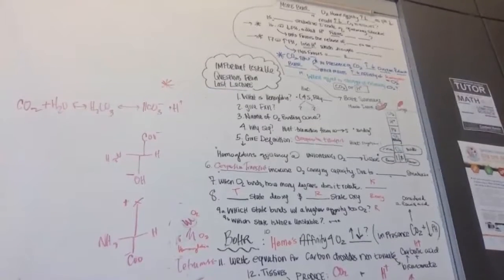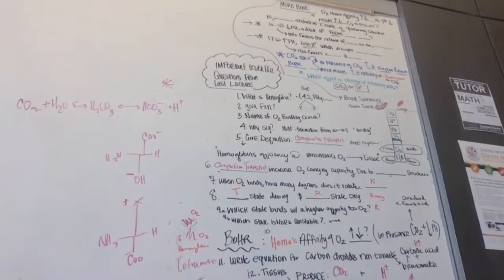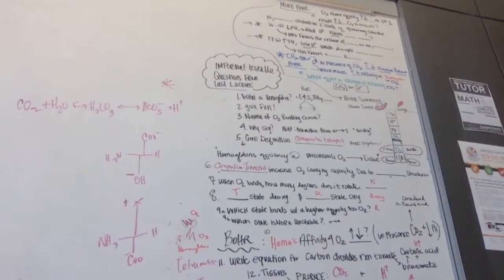Let me show you this. I see where you're coming from. Yeah, that is true. This is T state of a quaternary structure. Have you seen this? I'm trying to remember where I got this from. Is that true for tertiary structure just in general?